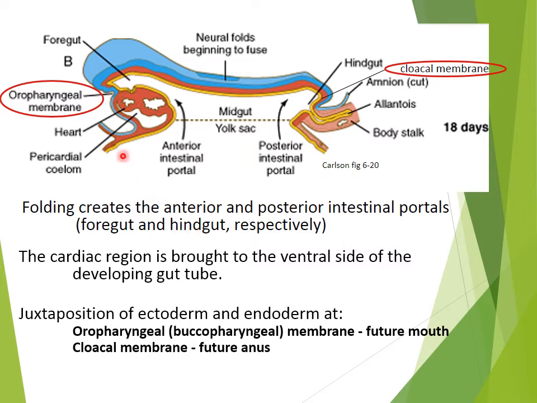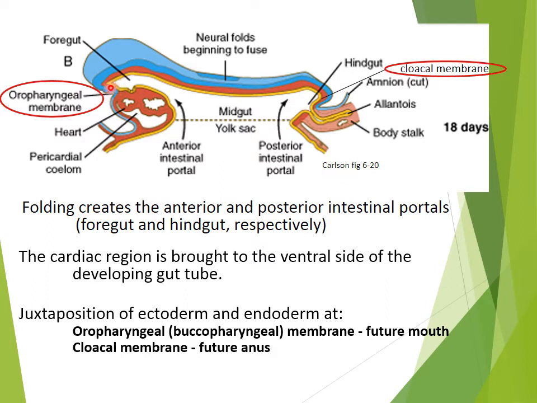So the 2 areas you must now keep in mind: ventrally there is a direct connection between the endoderm and ectoderm, and you can see here that there is no intervening or intermediate mesodermal tissue.